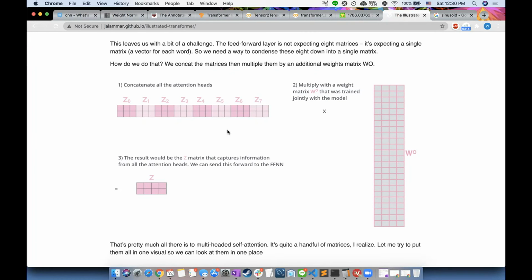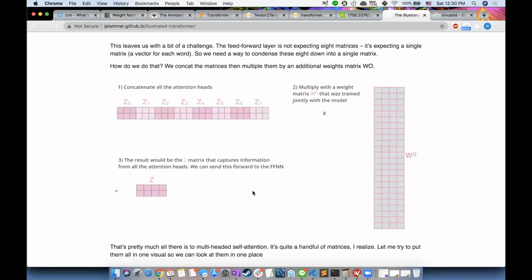I thought this is already concatenated, and you then multiply with this, then you get 1 output, not 8 outputs, and then you send it, and it says right here, then you send this to the feed-forward neural network. So I don't understand.